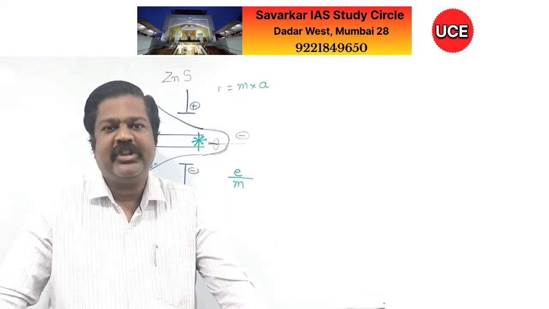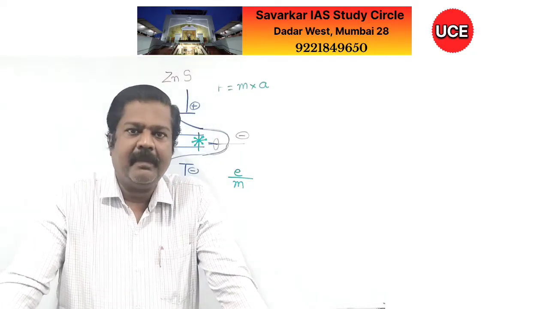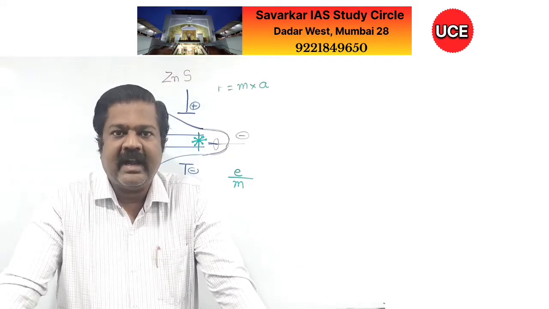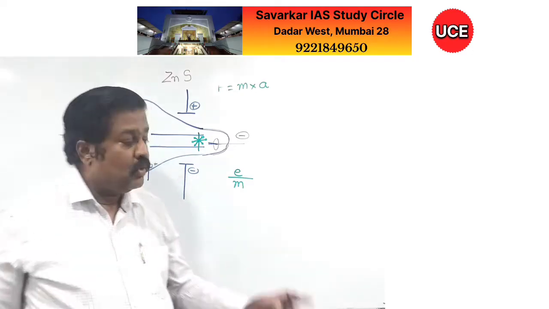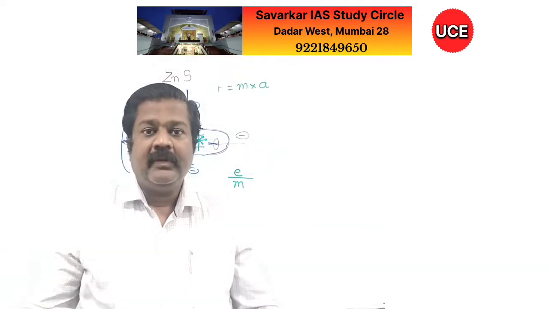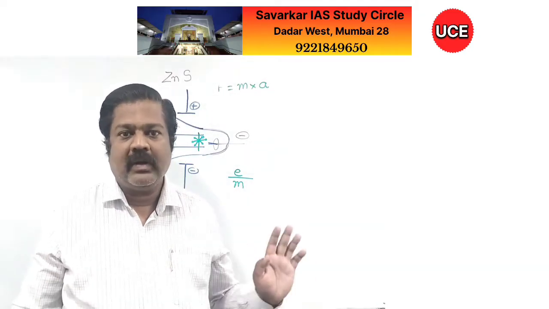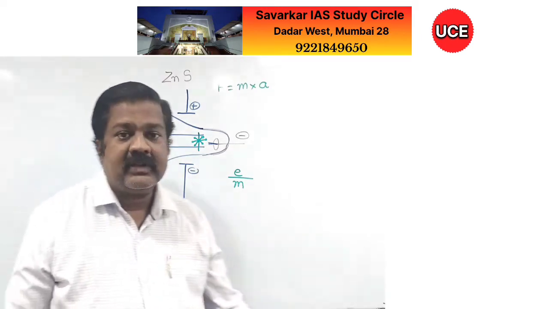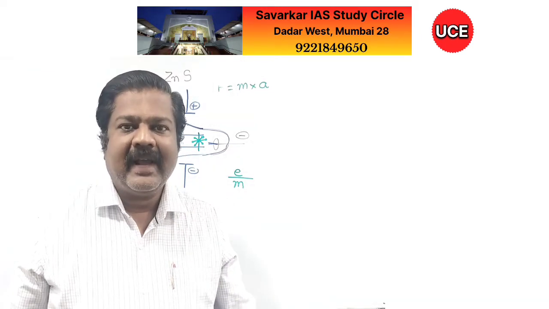E stands for charge and m stands for mass. So here we got the charge to mass ratio for cathode rays. This is all we can describe about cathode rays.